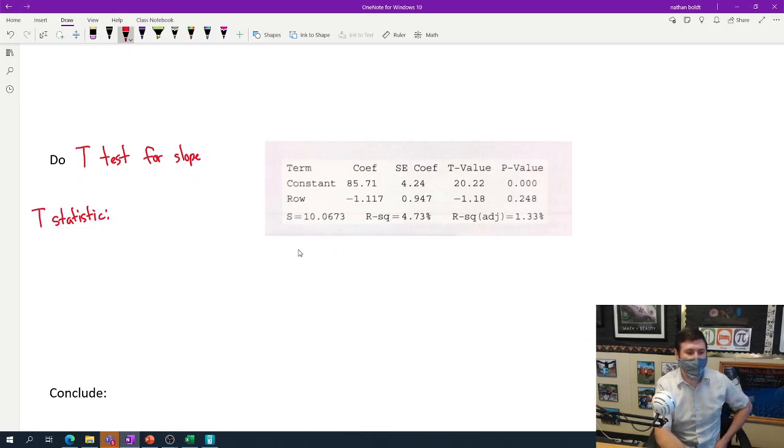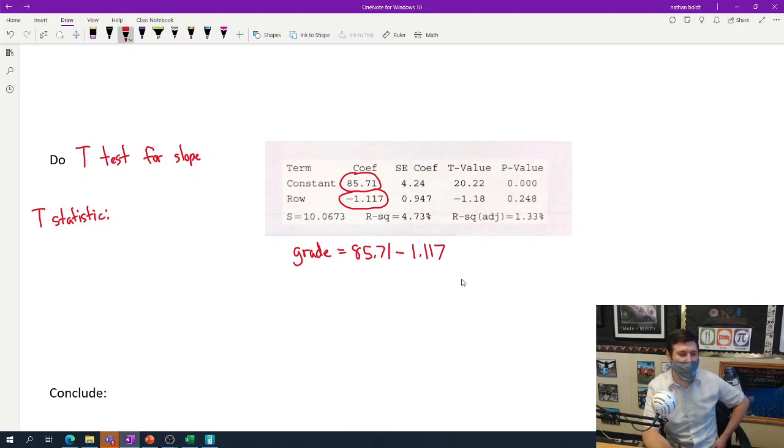So we're doing our grade is equal to, there's the y-intercept, minus, here is the slope. All right, it's negative, so that's why it's minus. And then row number, right, is our x, row number.